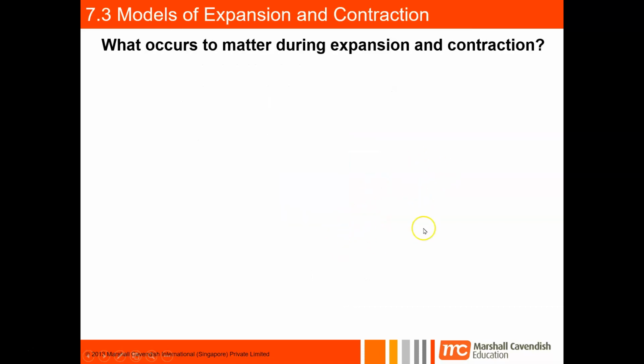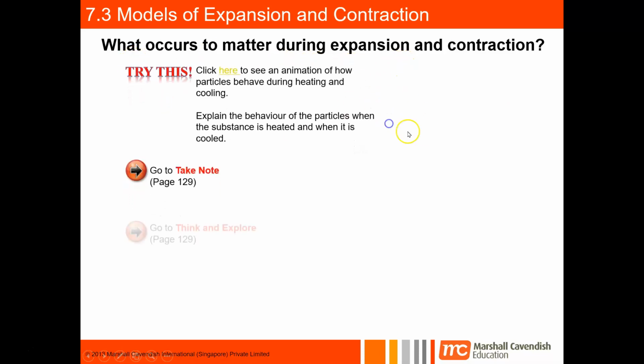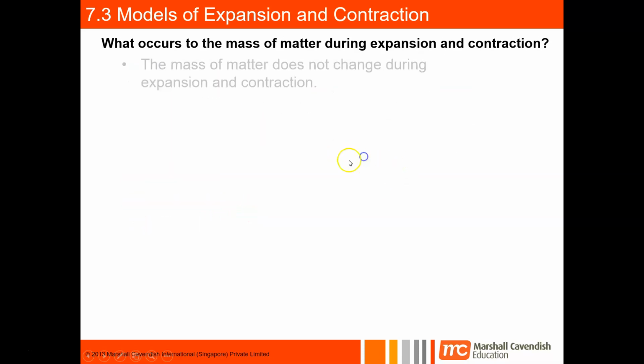Okay, let's move on and talk about what occurs to matter during expansion and contraction. The mass of matter does not change during expansion and contraction. Remember that mass is the amount of particles within a substance, so this did not change.